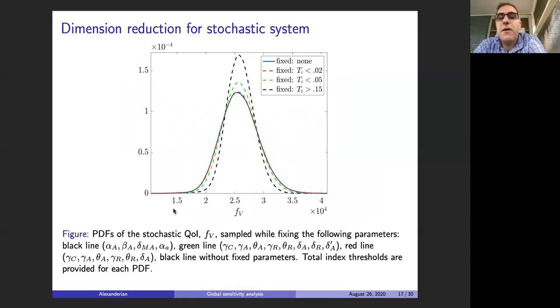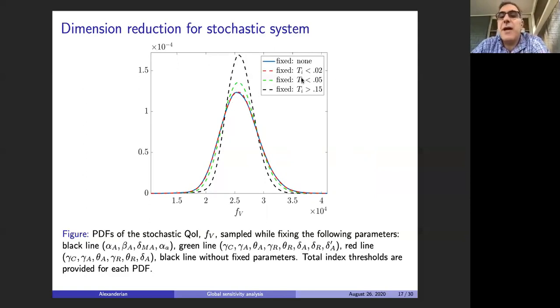So here I'm looking at the distribution of the quantity of interest. The blue line, the solid line, corresponds to the distribution of the quantity of interest if you don't fix any of the parameters. And take notice, here we are sampling the quantity of interest in a product space because there's the uncertainty coming from the parameters, but then the model itself is stochastic. So we have to sample in the product space.